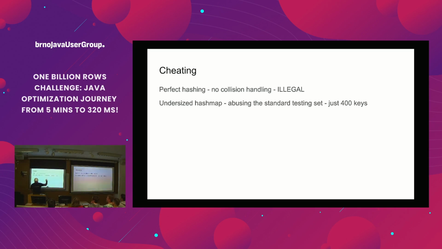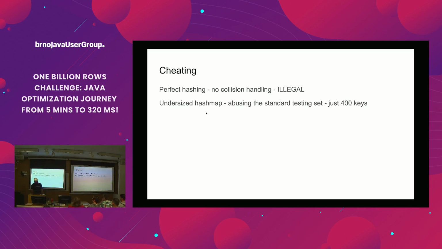If the slot is not empty, you need to compare the names to see if they are the same. But if you know that there are no collisions, then if the slot is not empty, it must be your city, and you don't need that slow name check. But that's illegal. That's cheating. One of the rules was that it has to work for any input, and Gunnar said, no, you can't do that. Your hash map has to handle collision.